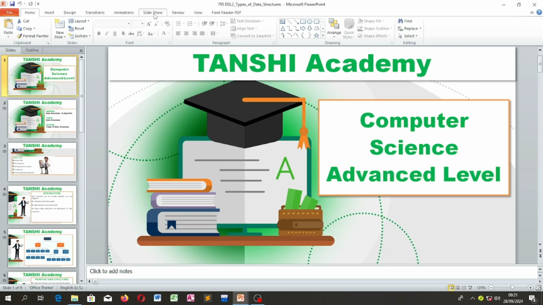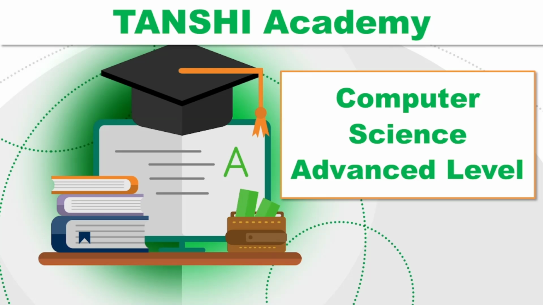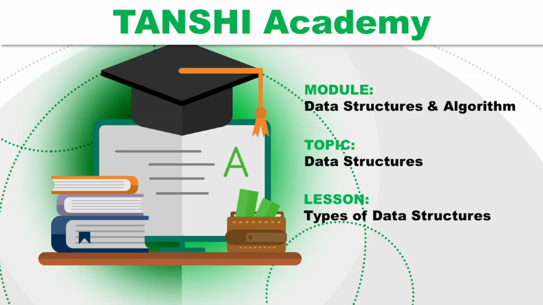In our previous lesson, we had an introduction to data structures, and in this second lesson, we are going to be looking at types of data structures. For a recap, in the previous lesson, we focused on what a data structure is, the goals of a data structure, and the need for a data structure.